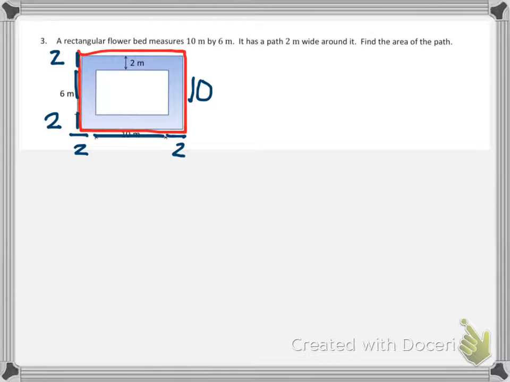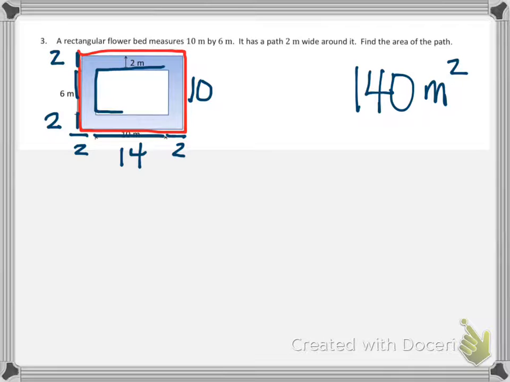So 10, 12, 14. So this is 14 meters. So 14 times 10 is 140 meters squared.